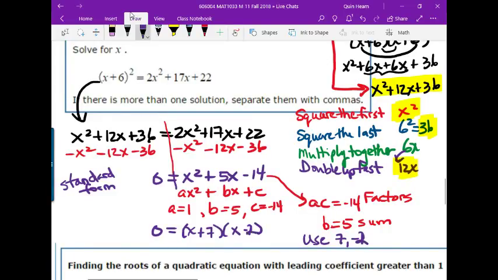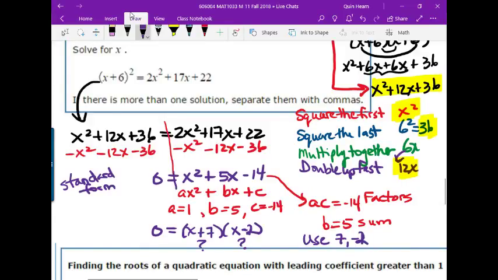Right, because 7 times negative 2 gives you the negative 14, that's the C term, and 7 plus negative 2 gives you the 5, that's the middle term. Okay, so why is this a helpful form to have it in? A factored form equal to 0, because again, we have two mystery numbers being multiplied to give you 0.